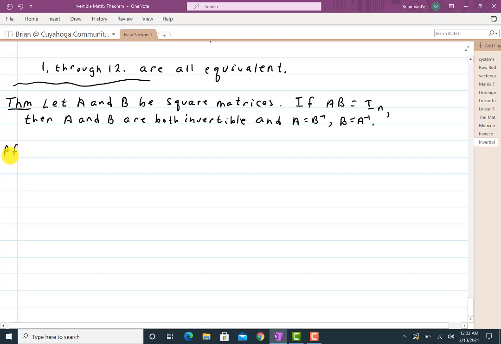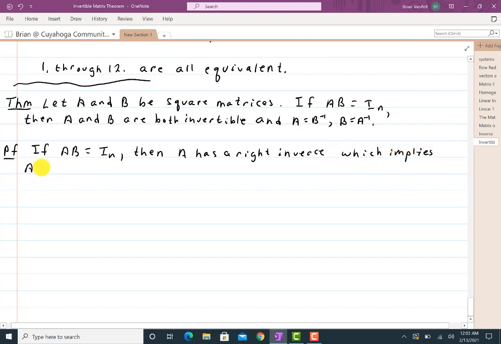Proof. If AB equals I_N, then A has a right inverse, which implies A is invertible by the invertible matrix theorem.